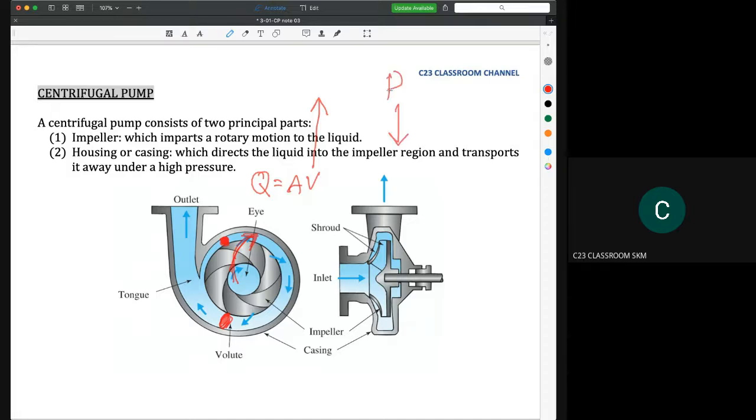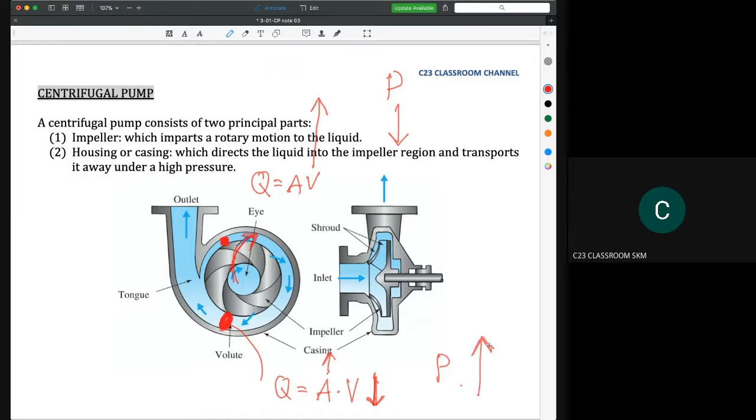Then at this cross-section area, again, we evaluate using Q equals AV. At this area, the area is higher, so the velocity is now lower. What happens to the pressure? According to the Bernoulli equation, if the velocity is lower, we will have a higher pressure.